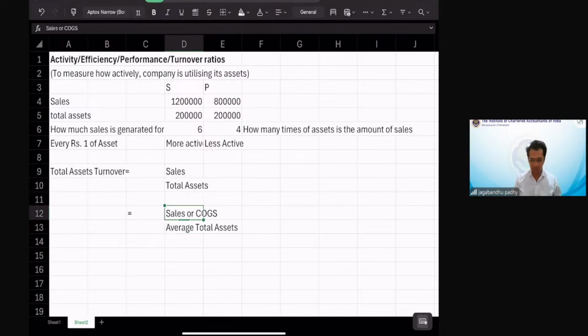Okay. So total assets turnover can be sales or COGS upon average of total assets.